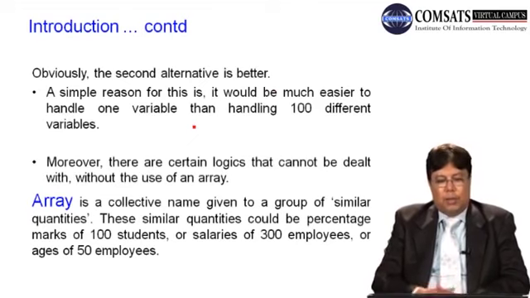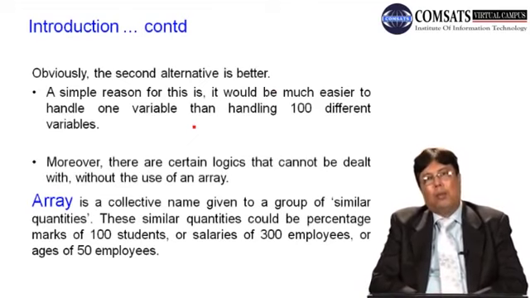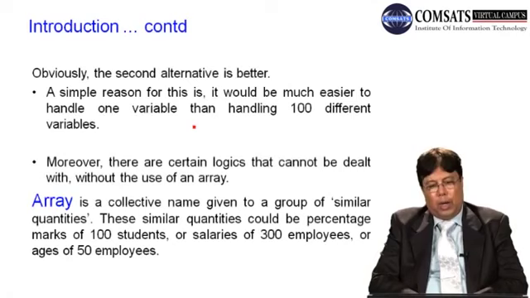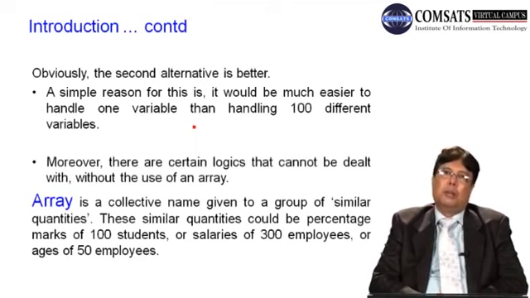So this facility can be provided with the help of a concept called arrays. So array is a collective name given to the group of similar quantities. These similar quantities could be percentage marks of 100 students or salaries of 300 employees or age of 50 employees.